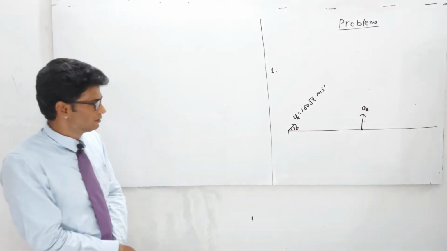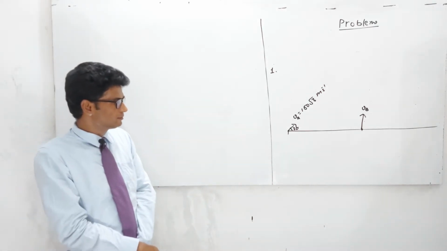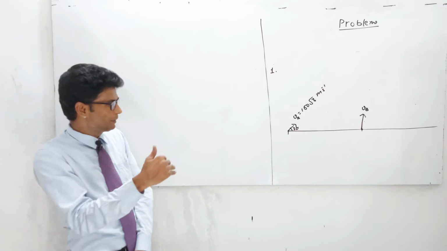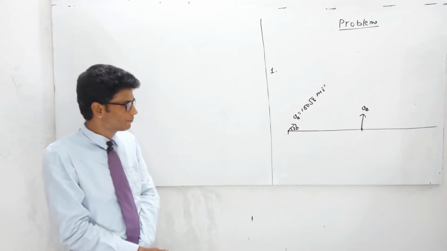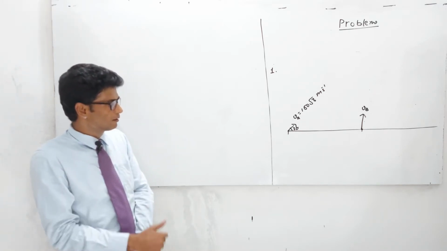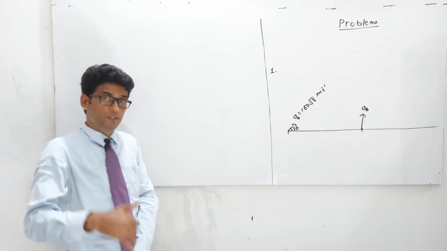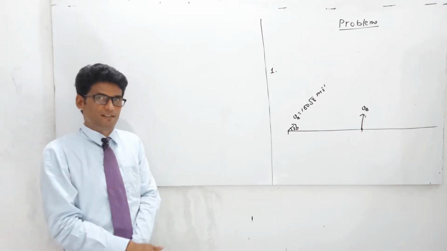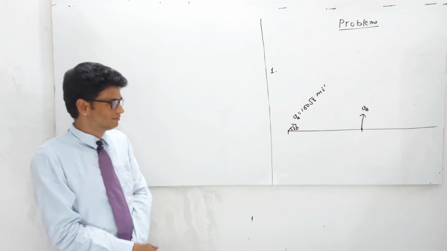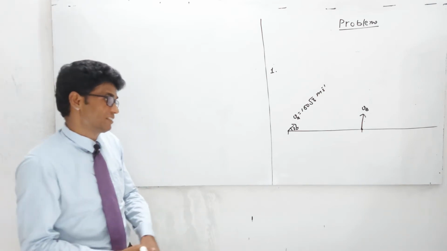However, these two speeds of the two aeroplanes A and B are measured with respect to the ground frame, supposed to be stationary, VA and VB at 60 degree.